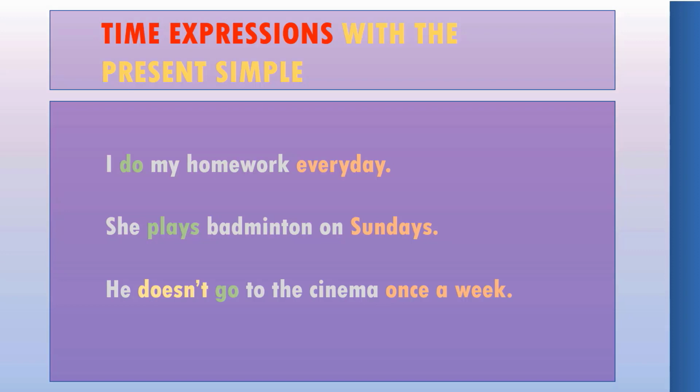Again, we've got the subject, she, the verb plays: she plays badminton on Sundays. The time expression again is at the end of the sentence. Okay, so he doesn't go to the cinema once a week. So look at the pattern of the general time expressions. They are coming right at the end of the sentence.